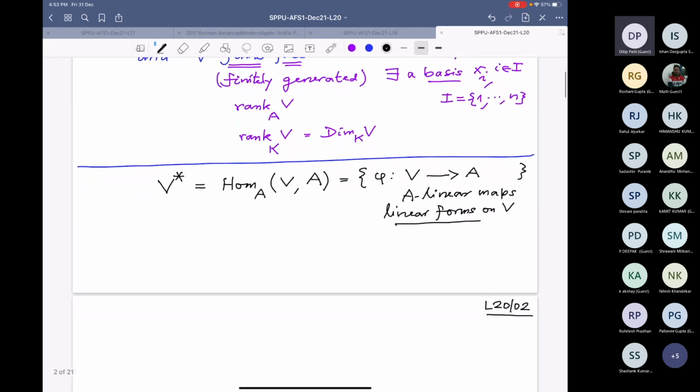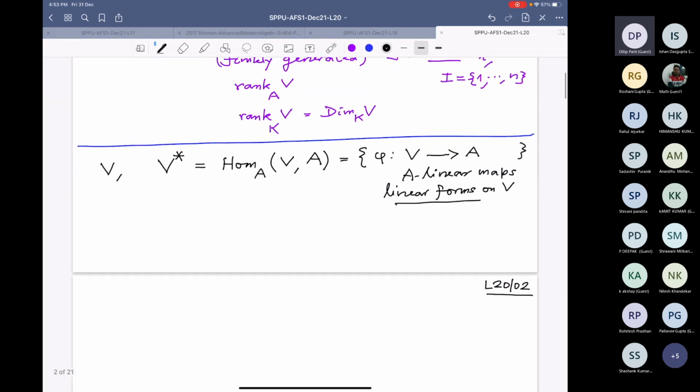Now I just want to recall that the modules V and V star are related to each other very neatly by the natural bilinear function. How are they related?